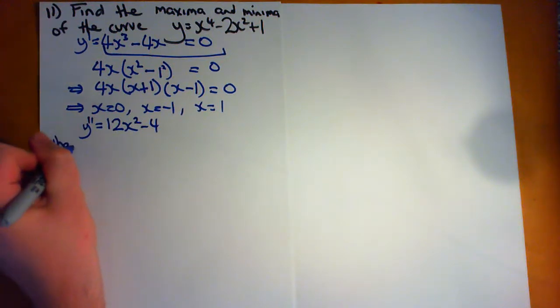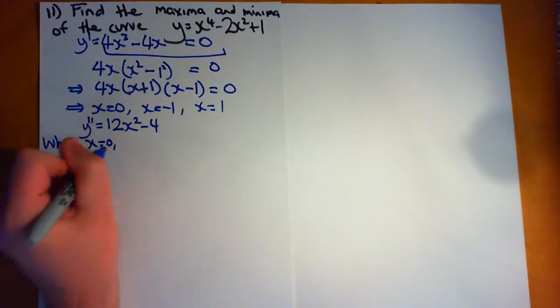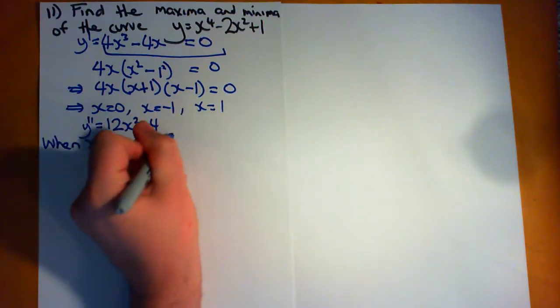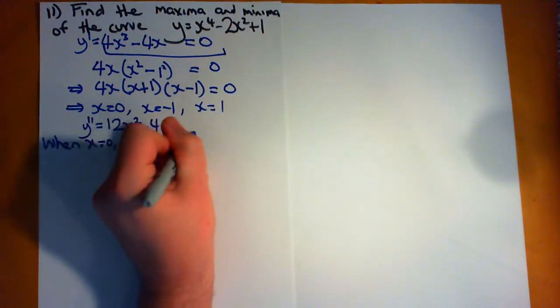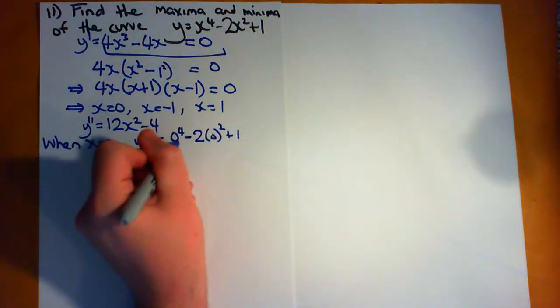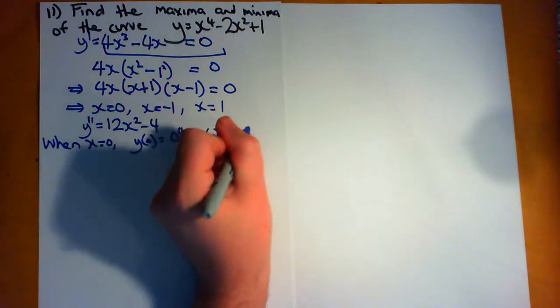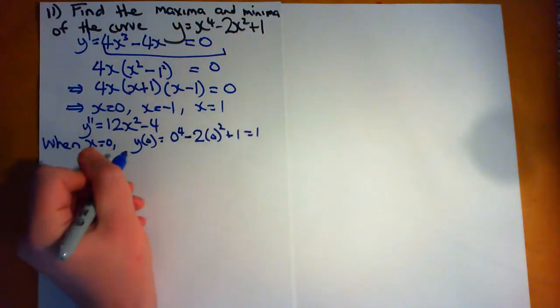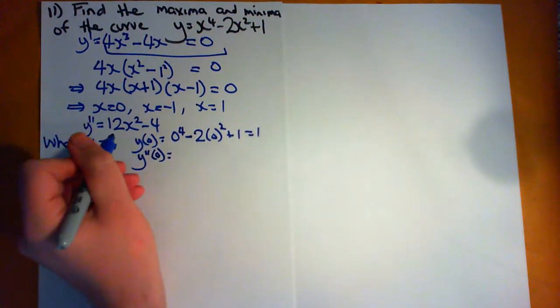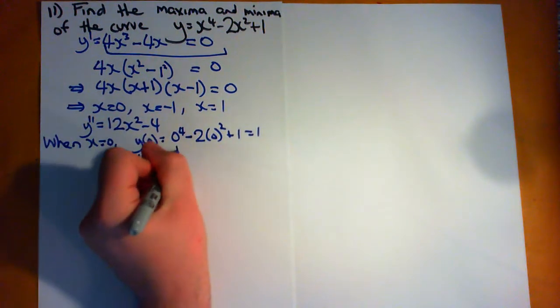So when x equals 0, then y is 0. So we're substituting into the original, which is x to the 4 minus 2x squared plus 1. So that will give you 0 minus 0 plus 1, which is 1. And y double dash of 0, so substitute 0 into the second derivative as well.